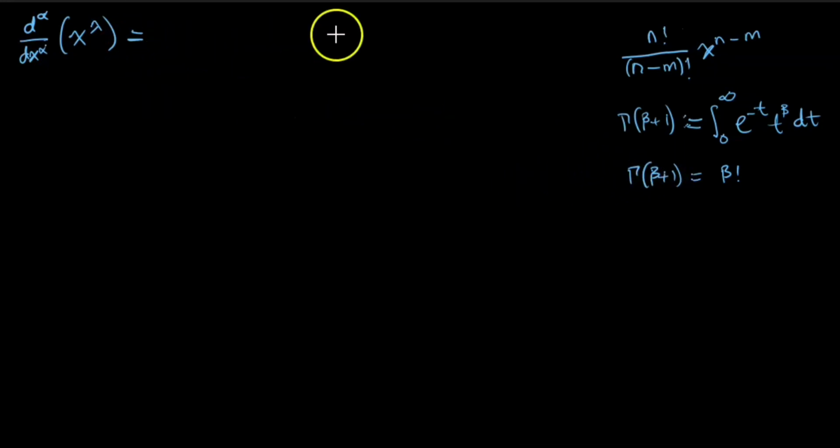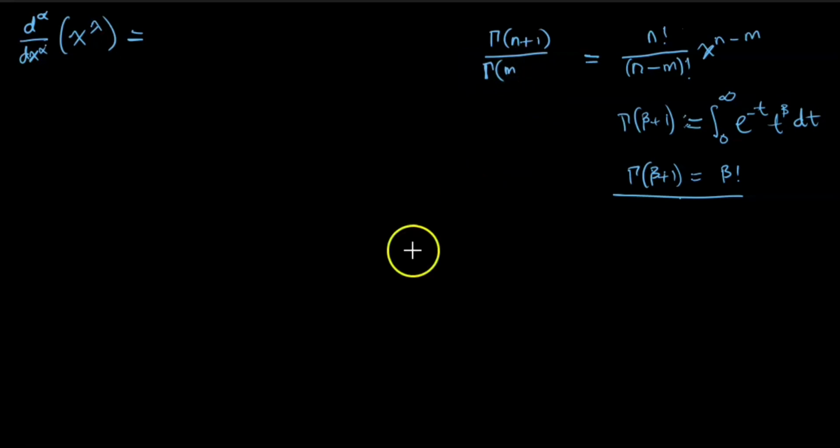Okay, great. So we're going to rewrite this. If we want to use the gamma notation, that'll be gamma of n plus 1. Using this right here, this is n minus m, so we add 1 to the n minus m inside the gamma function. So that will be gamma of n minus m plus 1, times x raised to the power of n minus m.